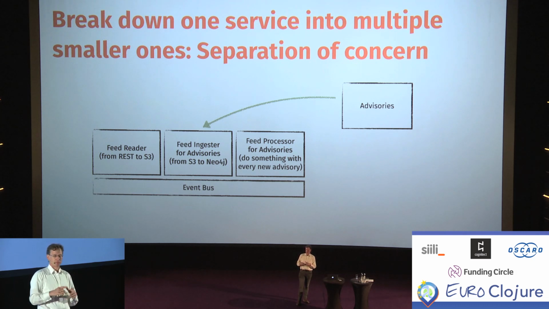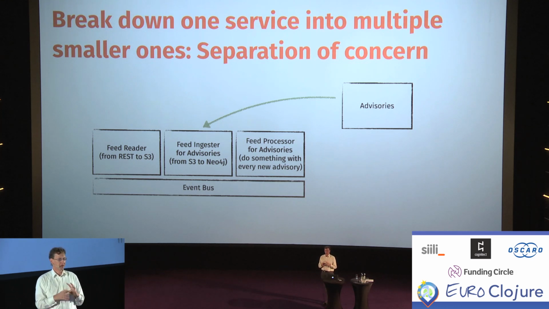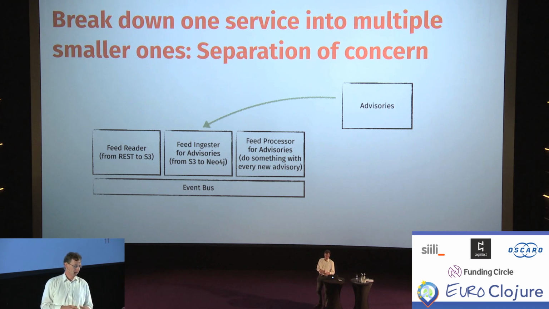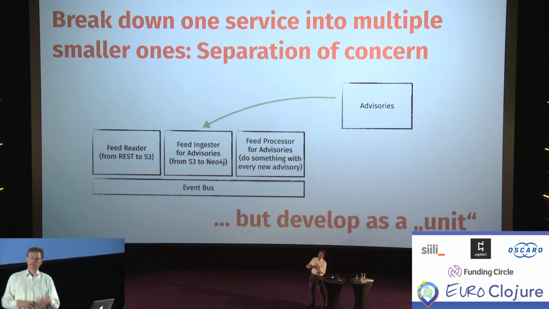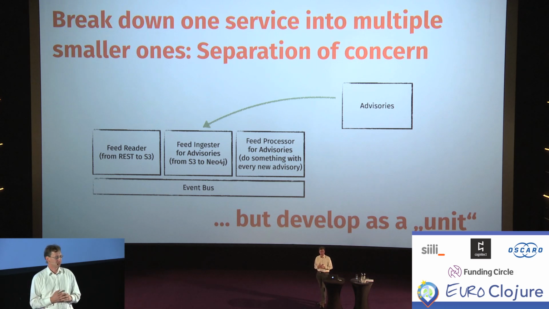We just have to make sure of the reprocessing of events on the event bus and stuff like that. So I think it's better for the stability of the system, and it's better for development to break things down. But again, developers think as a unit.